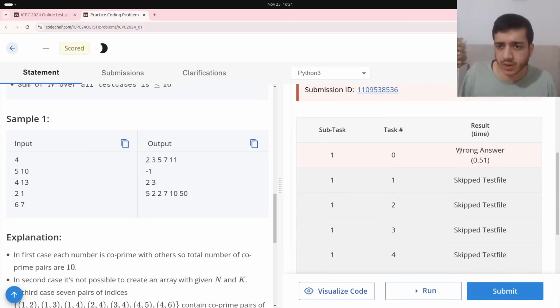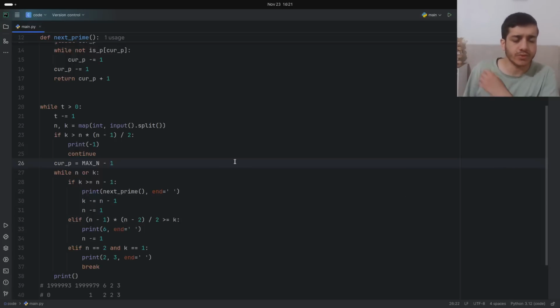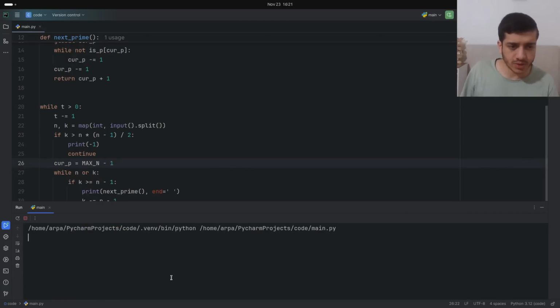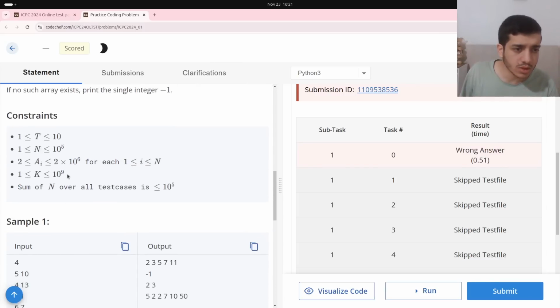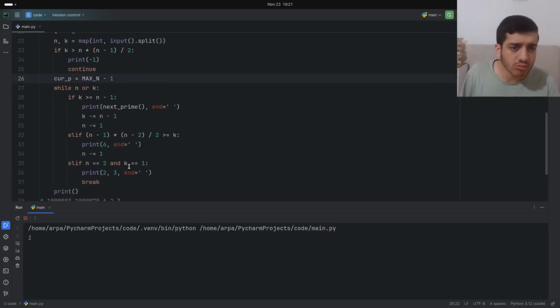We still have wrong answer on the first test case. Let me try some other. Okay. I think we should be good. This is correct. This is still correct.